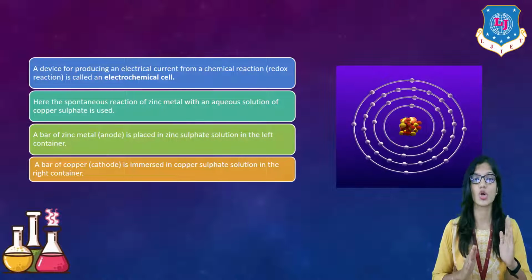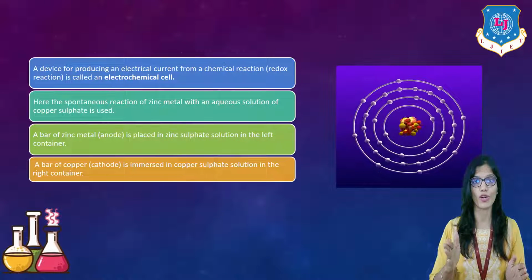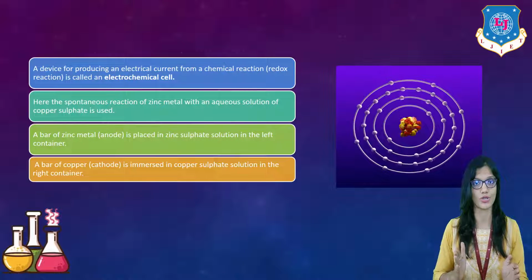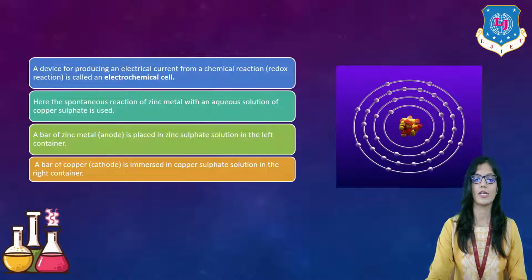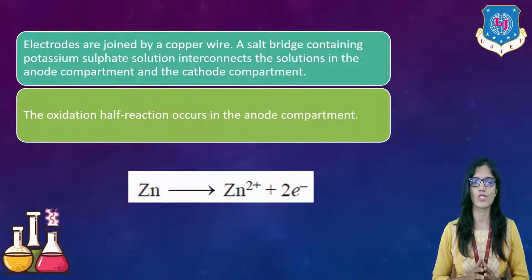So zinc is immersed in ZnSO4 solution, and the copper rod or bar is immersed in CuSO4 solution. Okay. So the electrodes are joined by a copper wire, and a salt bridge containing potassium sulfate solution interconnects the solutions in the anode compartment and the cathode compartment.